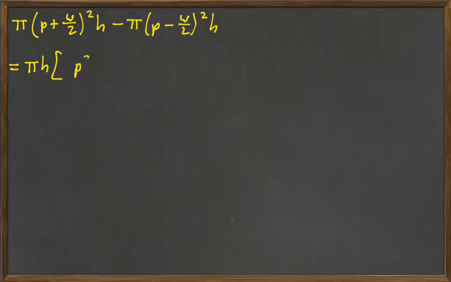We have p squared plus 2pw over 2, which is just pw, plus w over 2 times itself, which is w squared over 4. Minus p times p is p squared. P times w over 2, times 2 because we're FOILing, gives us minus pw. And then minus w over 2 times minus w over 2 is w squared over 4.